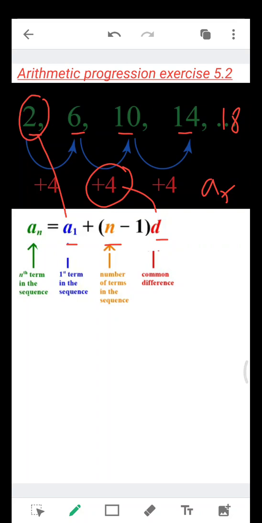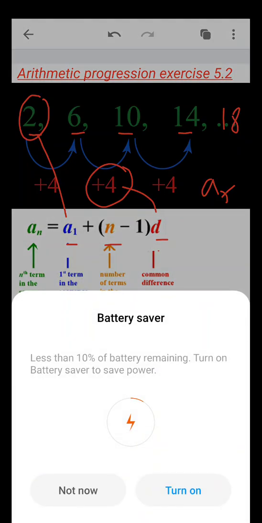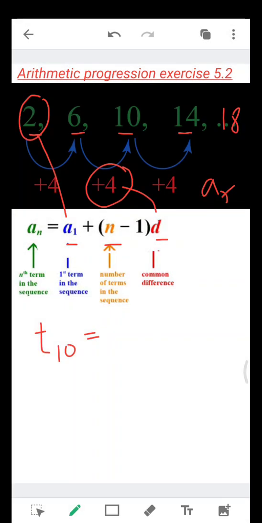Suppose I want to find the 10th term of this series, what will be the 10th term in this series? That's very simple. I'll apply the formula. a1 is 2 plus n. What is n in this? N is here nothing but 10. So 10 minus 1 into d. What is d here?